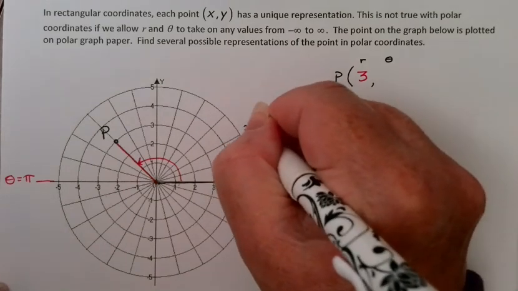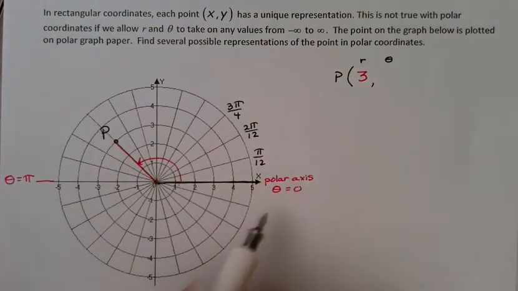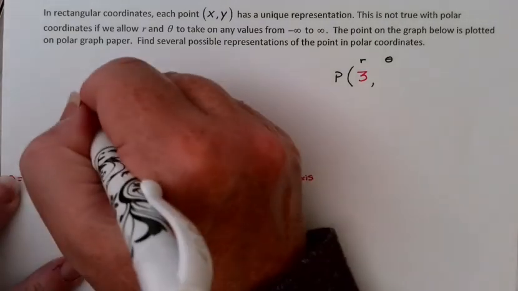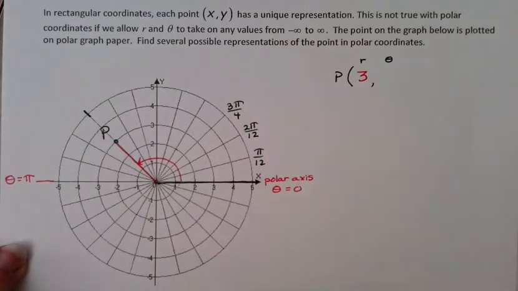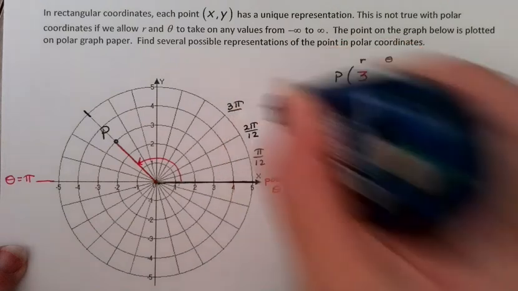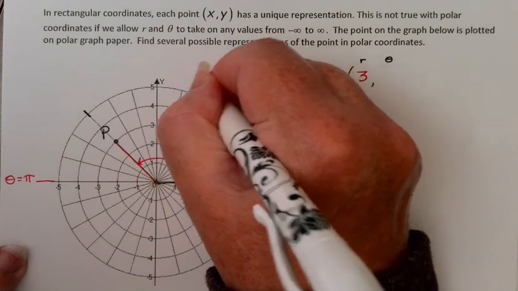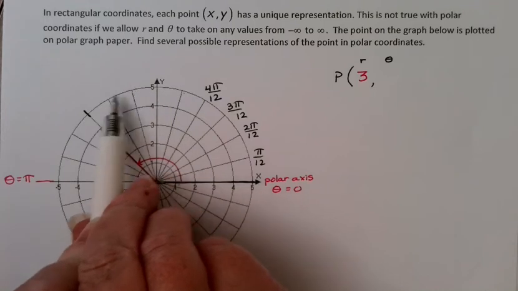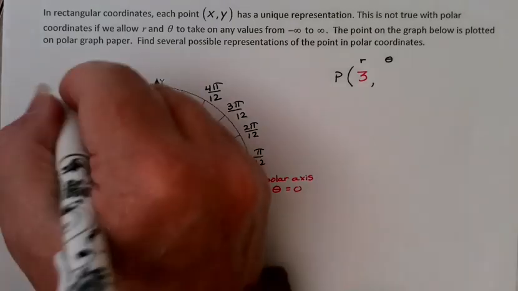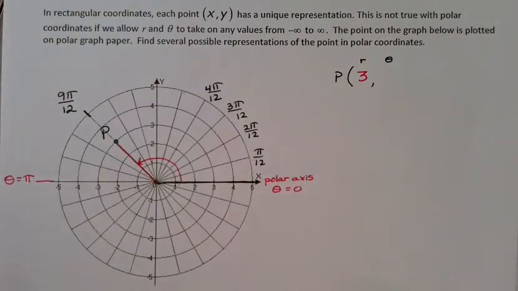This would be 2 pi over 12, 3 pi over 12, etc., all the way around. So my point right here lies at this theta value, which would, boy, I said 3 pi over 12, I don't know why I wrote 4, 3 pi over 12, 4 pi over 12, etc. So this would be 5 twelfths, 6, 7, 8, 9 pi over 12 for the theta value that I want for my point.